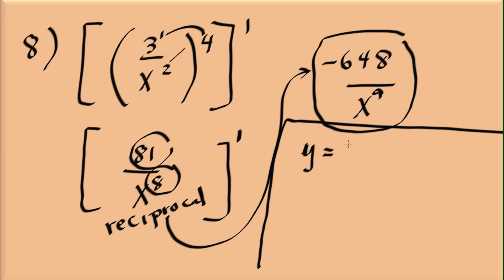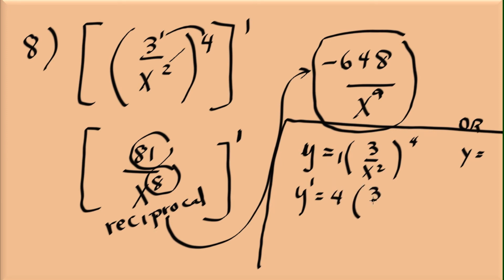If we use the chain rule here, 3 over x squared raised to the fourth, what is y prime? It's going to look something like this: I'm going to multiply by 4, and 4 and 1 is going to be 4. Copy that same base and then raise it to the third power.